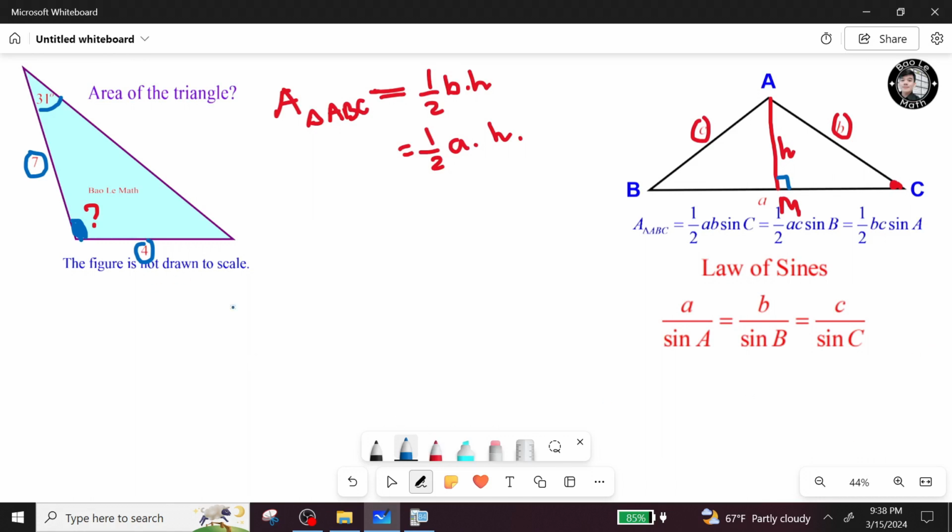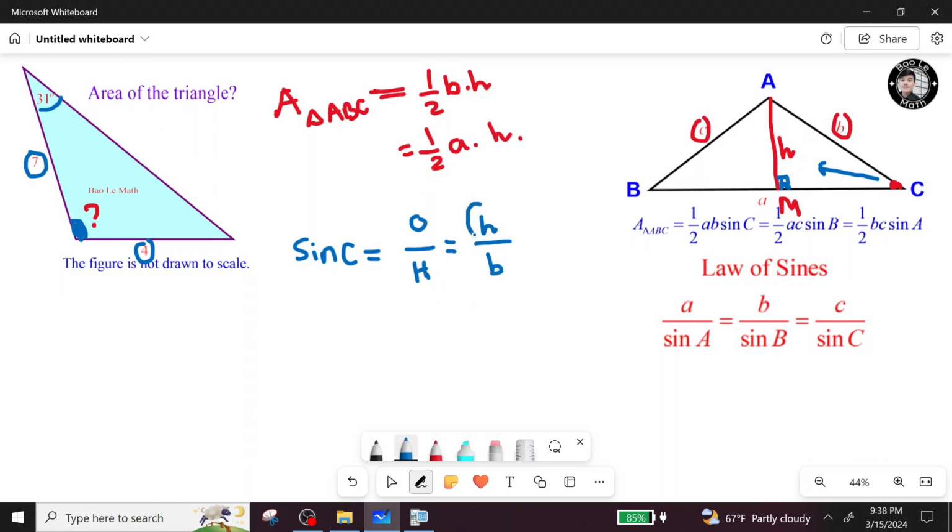Okay, so I have side C. Sine equals opposite over hypotenuse. Opposite to angle C is little h. The hypotenuse, opposite to the right angle, is b.